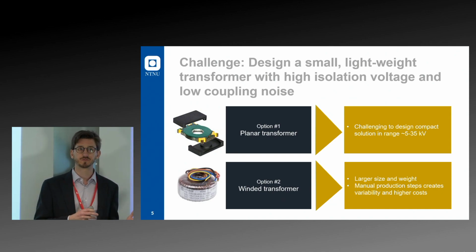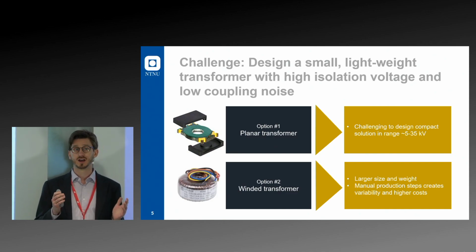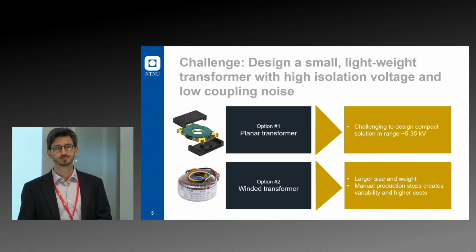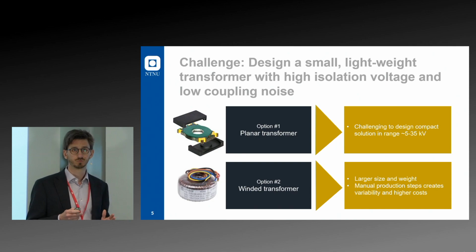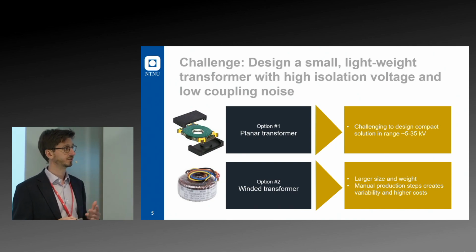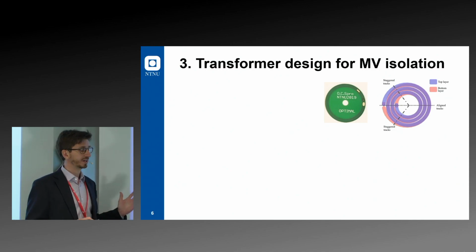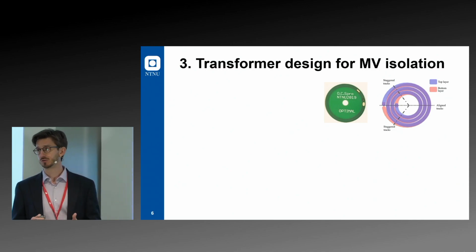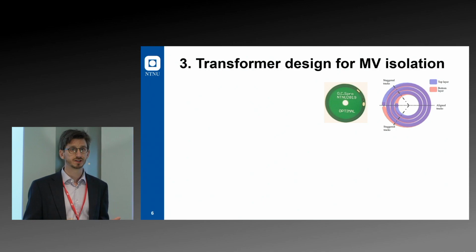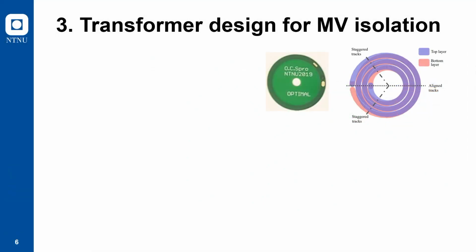So we're trying to move away from that, and we go for the planar option, drawing on experience from wireless power supply type of concepts. So we can have a helical PCB printed winding, or spiral windings per PCB layer, or a single helical winding.